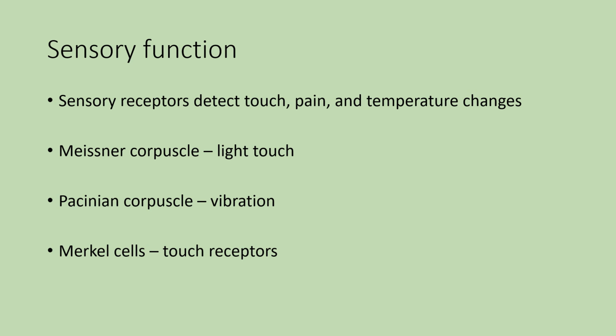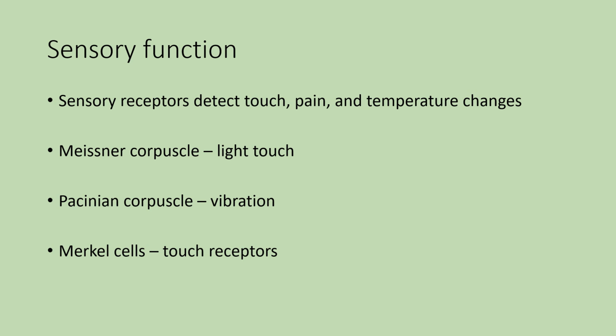Sensory function. There are a lot of receptors that are embedded within both the epidermis and the dermal layers. These are very specific so that if you have a sensory receptor that can detect touch, it will not detect temperature changes. If it detects cold temperature, that's all it detects.